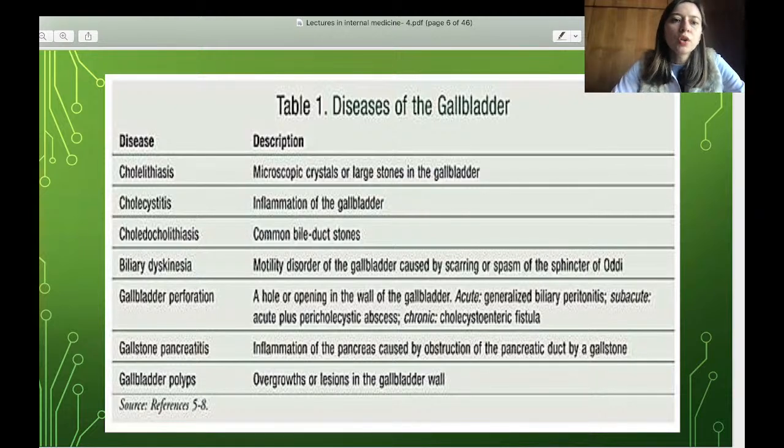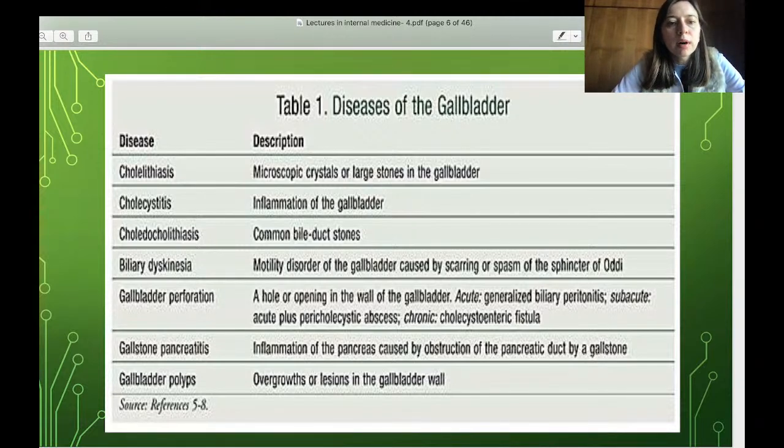Cholecystitis is inflammation of the gallbladder. Next, choledocholithiasis is common bile duct stones. Next, biliary dyskinesia, motility disorders of the gallbladder caused by scarring or spasm of the sphincter of Oddi.